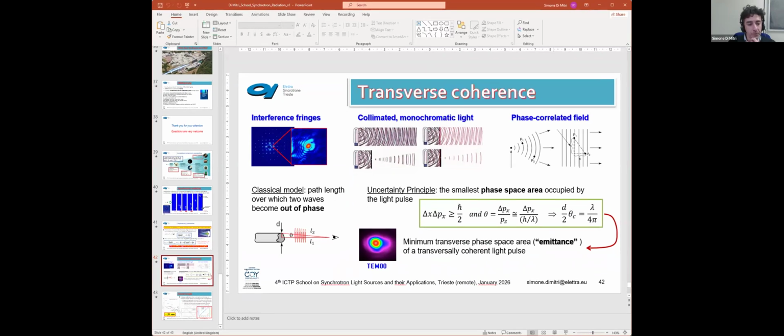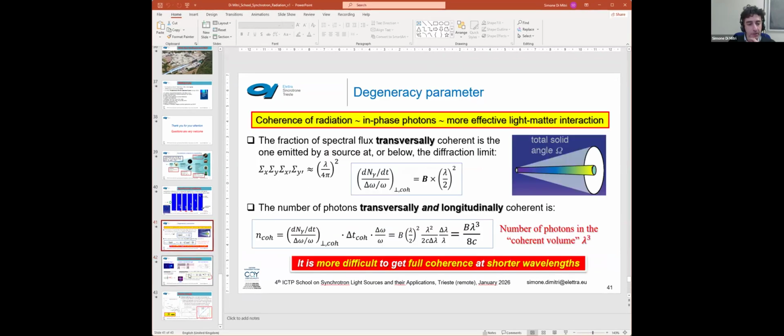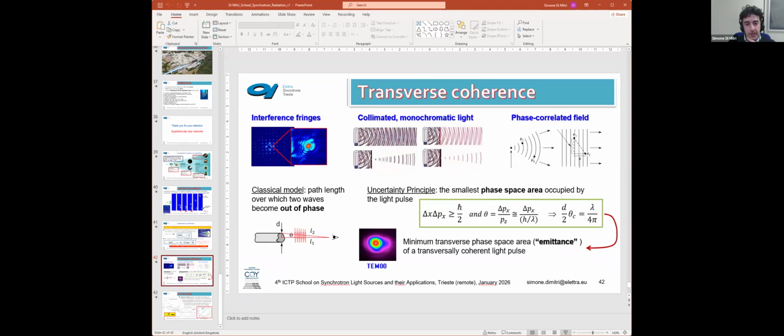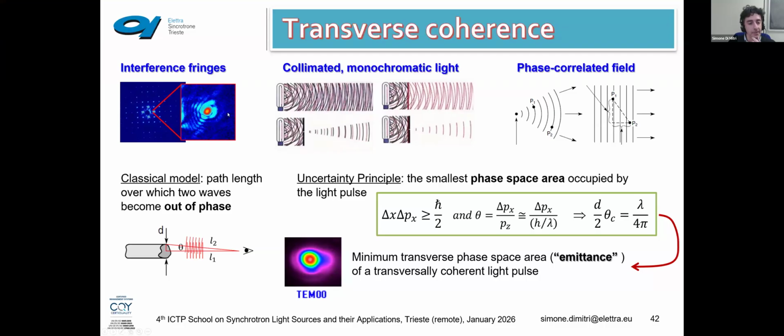Yeah, I have a picture which could be useful for this purpose. This is a slide trying to define coherence. Let's focus our attention on transverse coherence, as I think it was put in the question. So the capability of the light of satisfying a given relation in terms of position and transverse momentum of the photons.